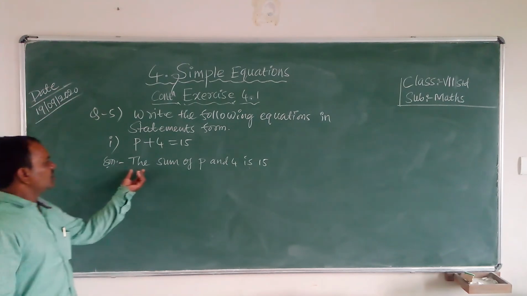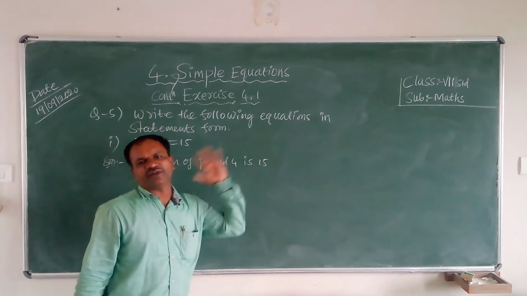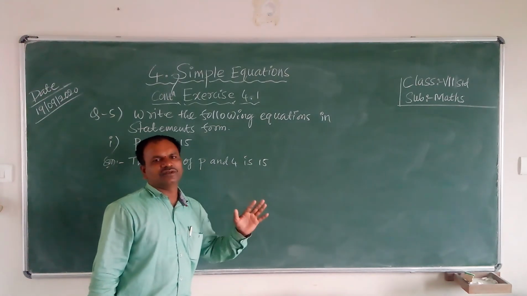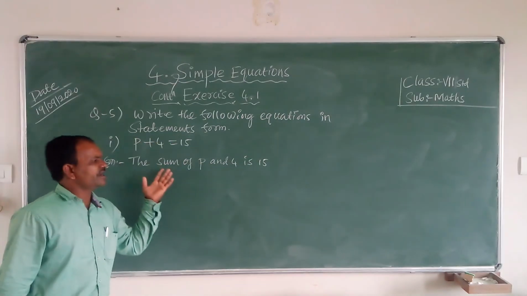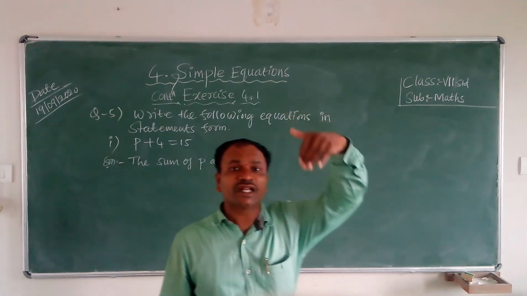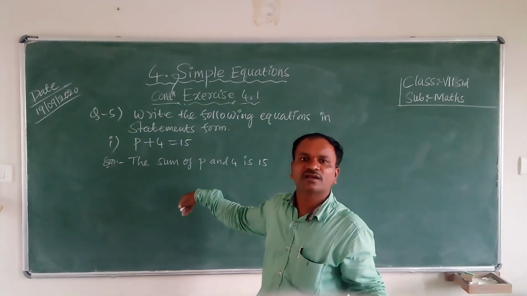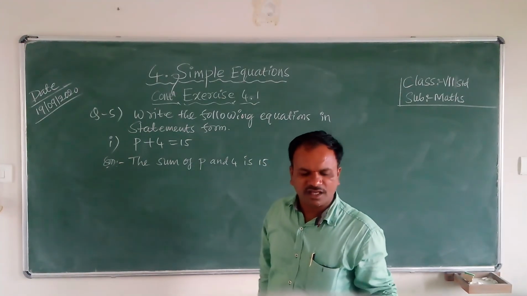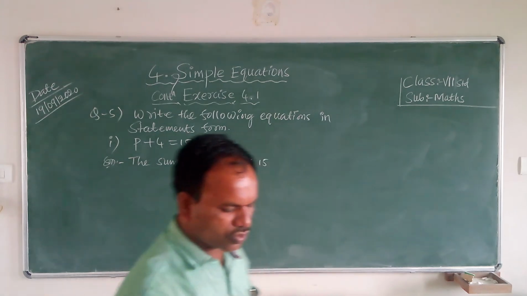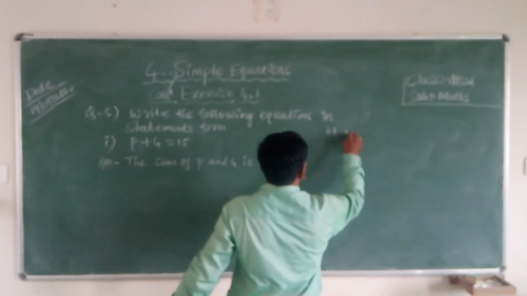So the sum of P and 4 is 15. Earlier the statement was given and I had to write the equation. Now the equation is given, I have to write the statement. Some homework I am giving, you have to do. Right? Homework. This question only, homework.